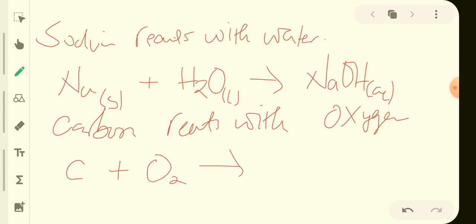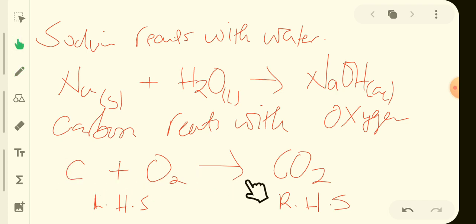And whenever oxygen is sufficient, it usually forms carbon dioxide. And you can check that the left hand side is balanced with the right hand side. We have one carbon, two oxygen on each side, so you can tell that this is balanced.